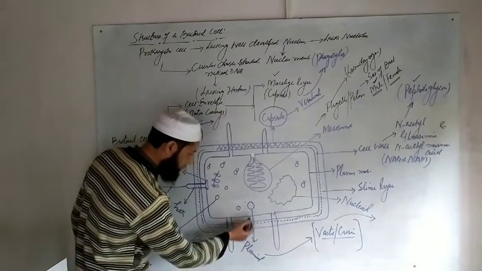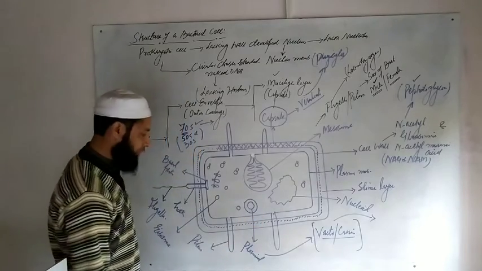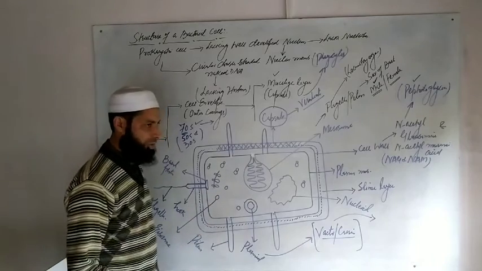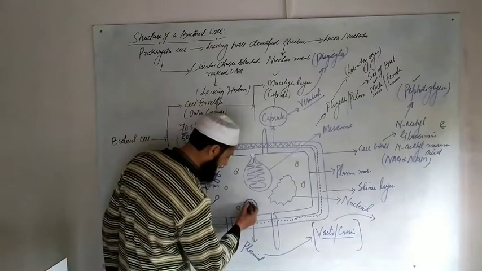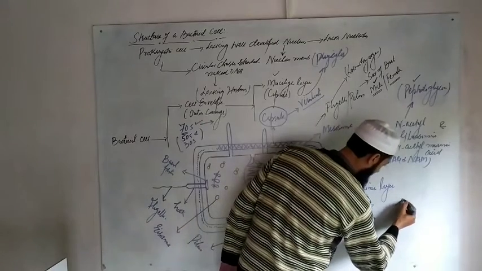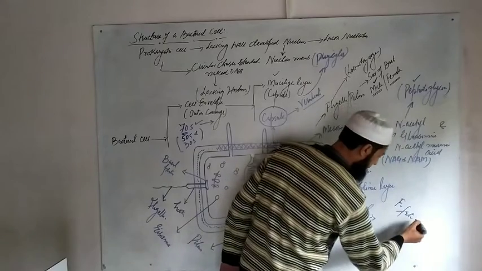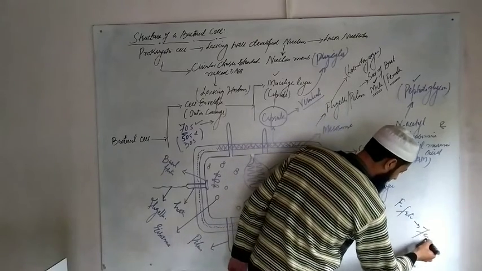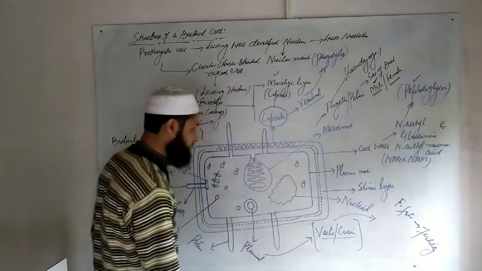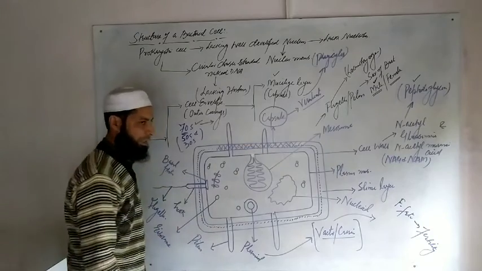And this plasmid also bears some important genes. It is circular double-stranded DNA having a number of important genes, like a gene called F factor or F gene, which determines its fertility. Those bacteria having the F gene in their plasmids bear these sex pili.